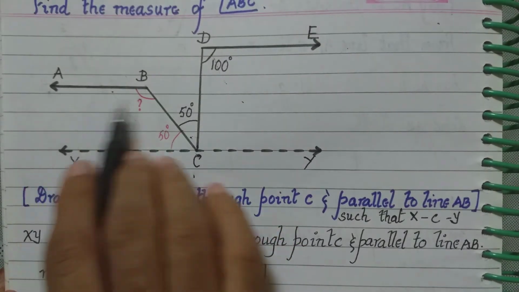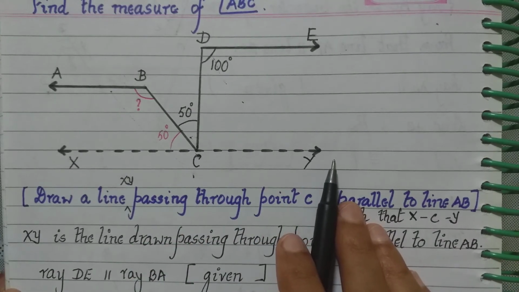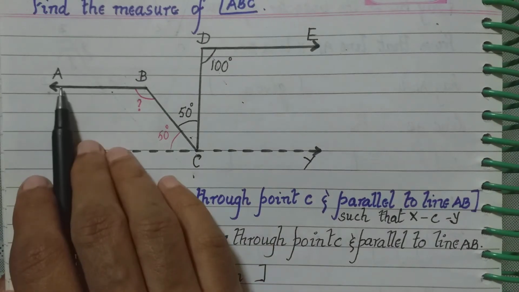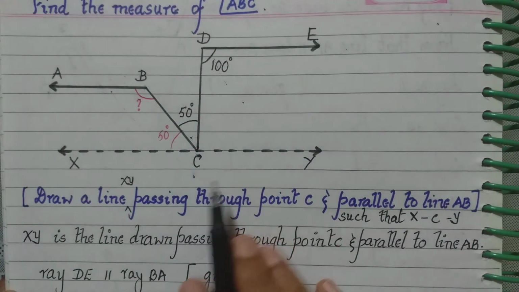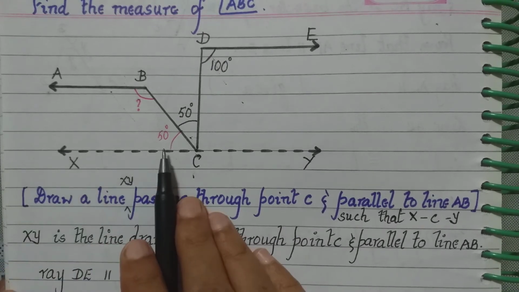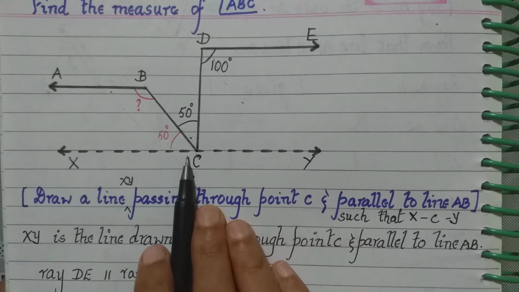So we have ray BA parallel to line XY and line BC is the transversal. Therefore, angle ABC plus angle BCX is equal to 180 degrees. Why? Because they form interior angles on the same side of the transversal.